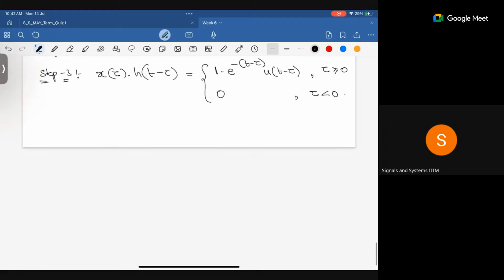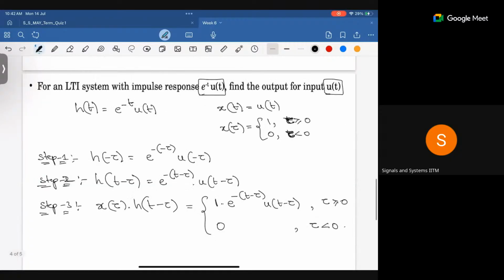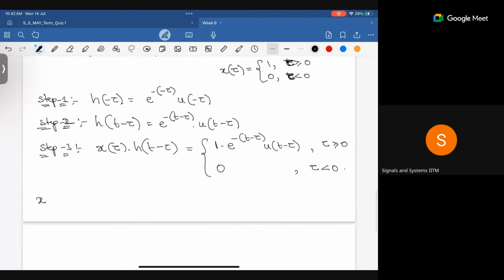Right, so finally, if I compute x of t convolution with h of t, this is the integral from minus infinity to plus infinity of x of tau h of t minus tau d tau.